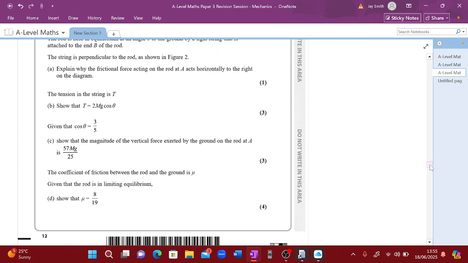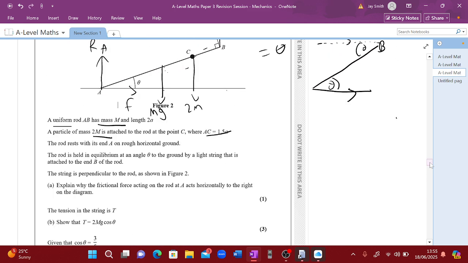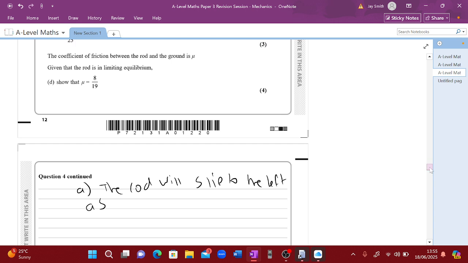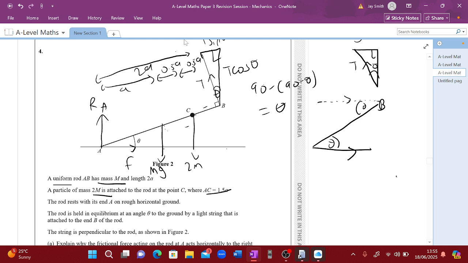Okay, then in part A, explain why the frictional force acting on the rod at A acts horizontally to the right. It tells you it's to the right anyway, but why? Again, that's because of the slipping. I'm going to say the rod will slip to the left as, let's have a look at our resolved forces. So this is going to act up and then down here. But first of all, the tension to the left is pushing it that way.